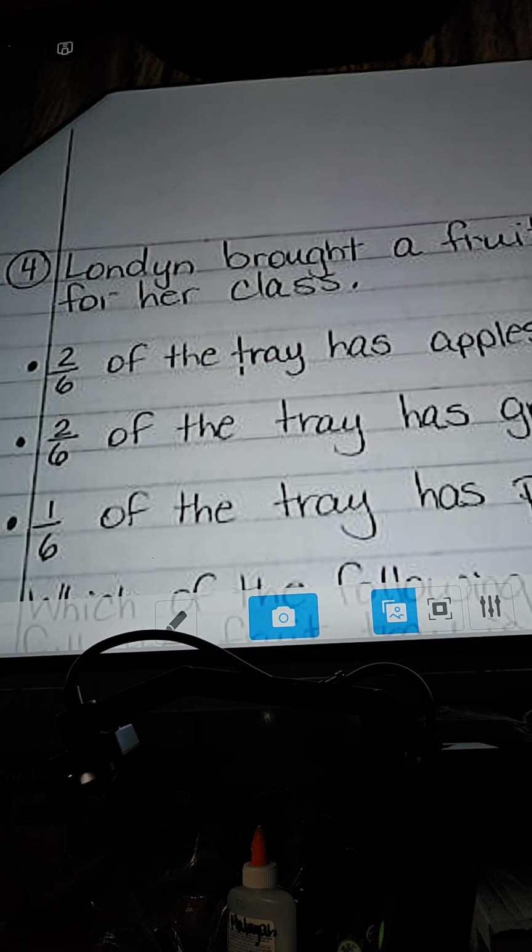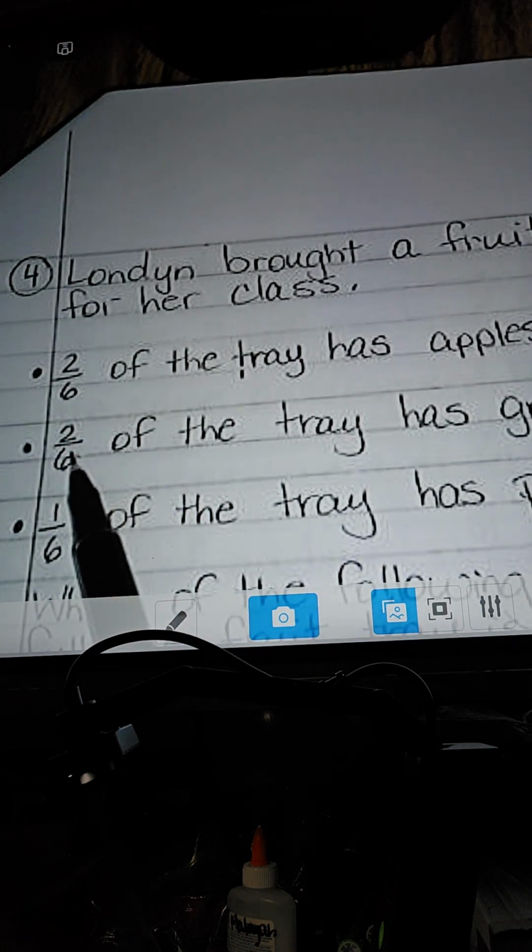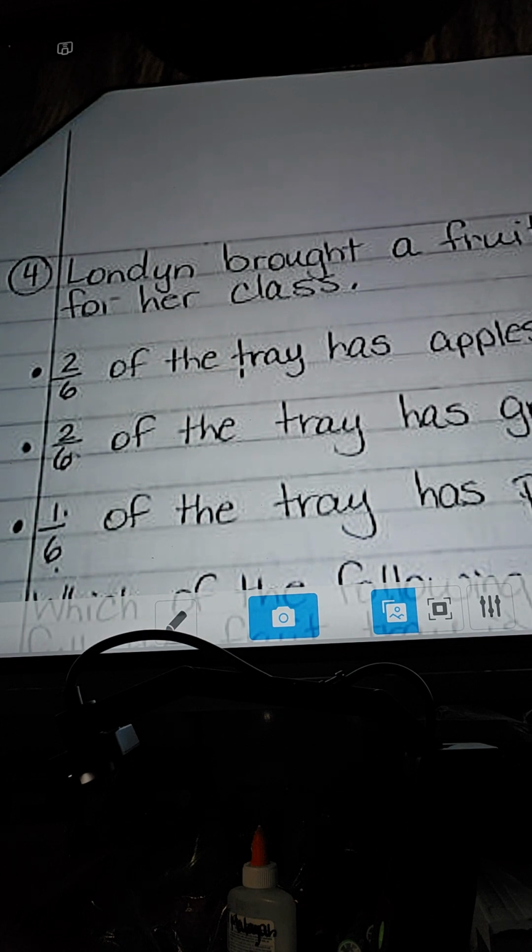Which of the following shows how full the tray is? Okay, so I know a full tray would be what fraction? 6/6 is a whole tray. So let's look at 2/6 plus 2/6 plus 1/6, and then we can see how close to 6/6 that is.